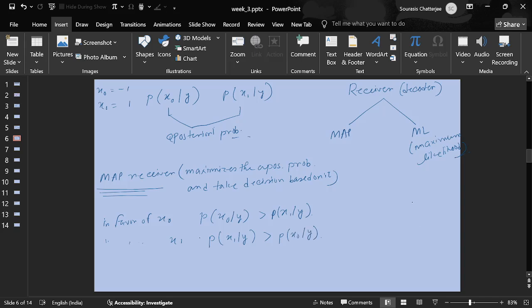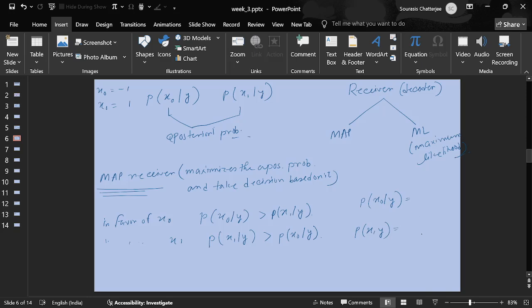Now, are you familiar with the Bayes rule? So p of x naught given y can be written in a certain form. What is that thing? Okay, let me start with a little thing. Let's say this is p of x and y. This is the joint probability of x and y.